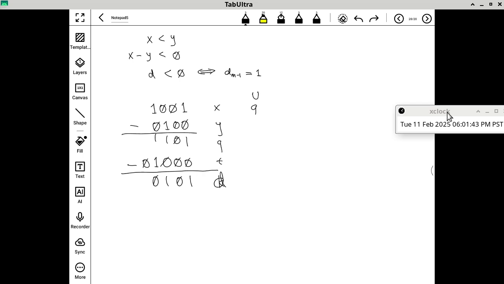This is a 9, this is a 4, and then we are saying 9 is less than 4 is false. So that is still okay. In the unsigned interpretation, we don't have a problem. Now we look at the signed interpretation. Using the signed interpretation, 1 minus 8 is negative 7. 0, 1, 0, 0 is a 4.